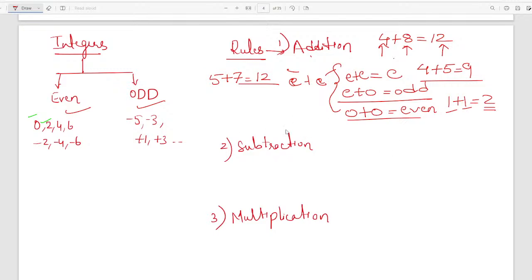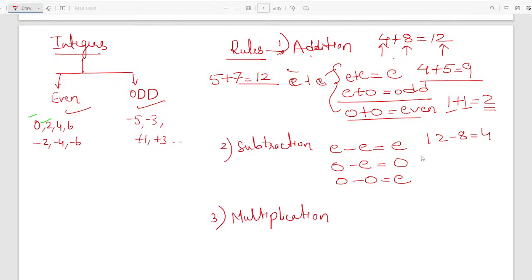The same is with subtraction also. Even minus even is equal to even. Odd minus even is equal to odd. And odd minus odd is equal to even. So you can take examples for this. For example, if I take 12 minus 8, it is equal to 4.